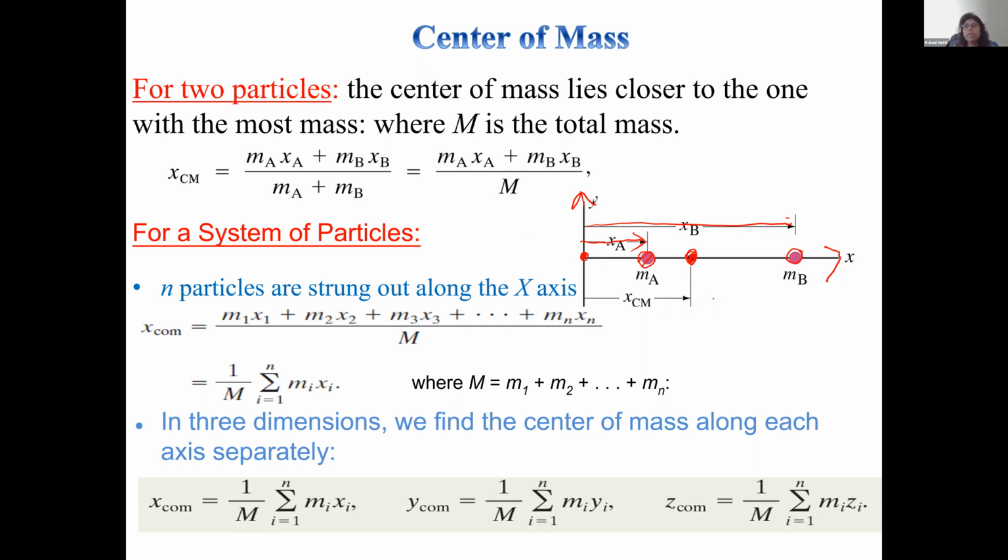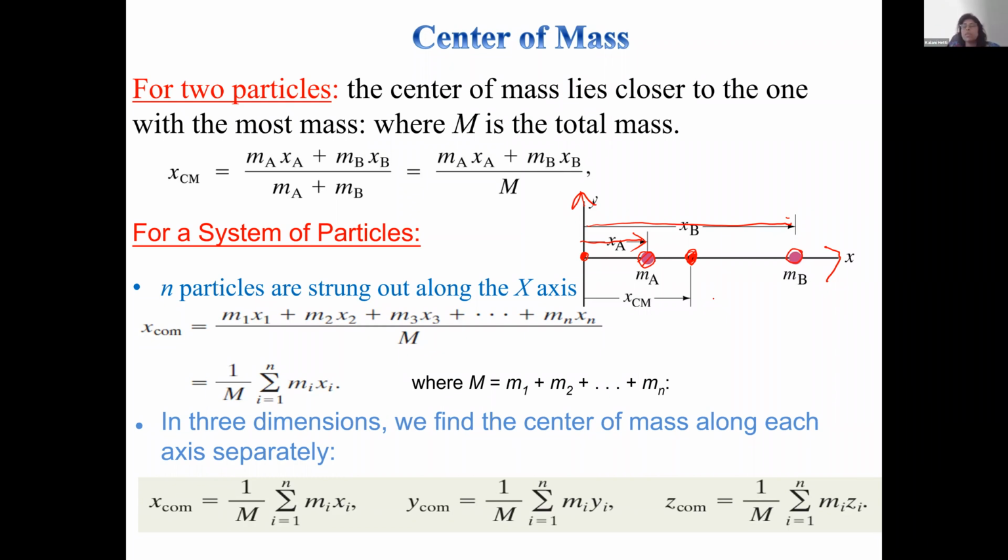Because people can give you a question: you have one mass here, one mass here, find the center of mass of this system with respect to this point. That means you need to find the distance from this mass to the center of mass. Or somebody can say, my origin is here. Can you find the center of mass with respect to the origin, right? That kind of thing can happen, right?